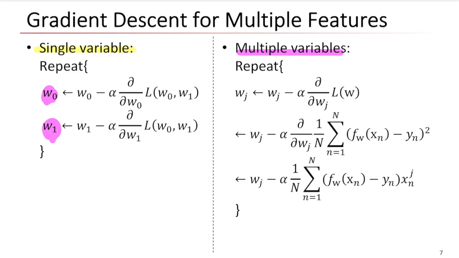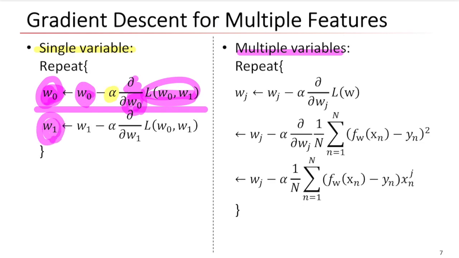First we find the derivative of this loss function with respect to w0, multiply it by the learning rate alpha, and move the previous w0 to the next w0. So this is one step for updating w0, and for w1 I use the same step.